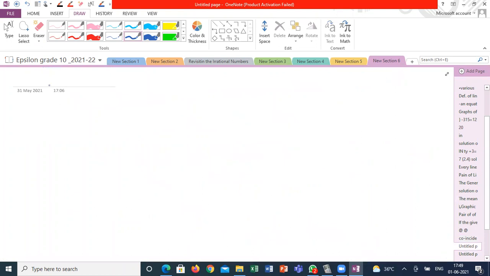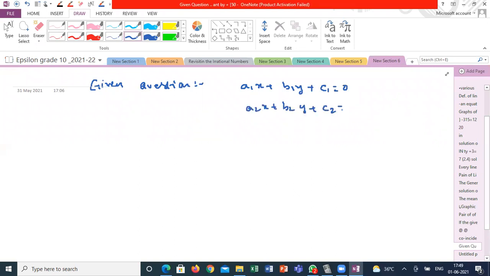before going to this method, we have to see how to solve the questions related to the graphical method. So the given data is like this. The given question is always in the form of two equations, a1x plus b1y plus c1 is equal to 0, a2x plus b2y plus c2 is equal to 0.